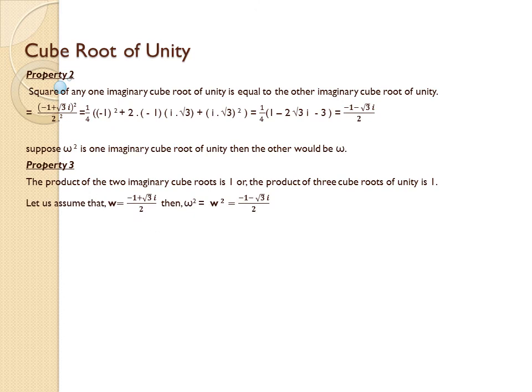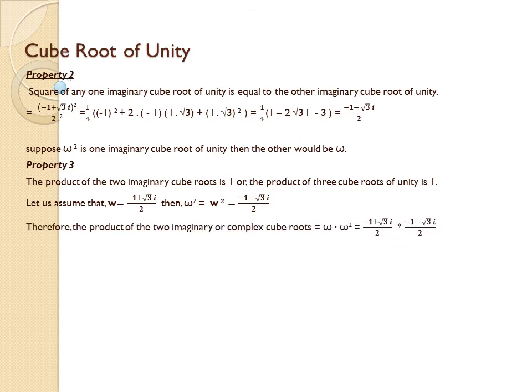So let's see how that becomes. Let us assume one imaginary cube root of unity, that is omega, equal to minus 1 plus root 3 i by 2. So another imaginary cube root of unity, that is omega squared, equals minus 1 minus root 3 i by 2, because we know from the earlier property that if we square one imaginary cube root of unity, the other imaginary cube root of unity comes.